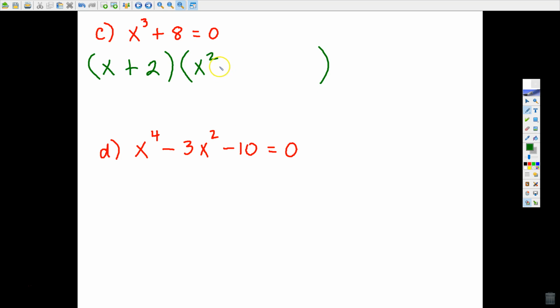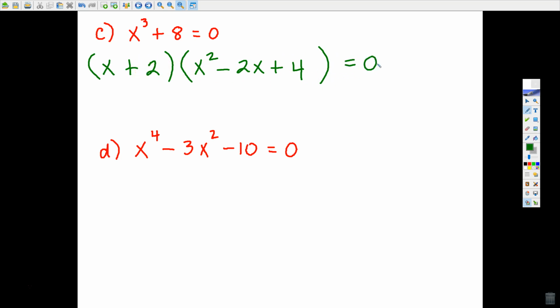And what's the next sign? Well, it's just these two multiplied together, minus 2x. So you square the first, you multiply them together, and then the last term, you square the second term.